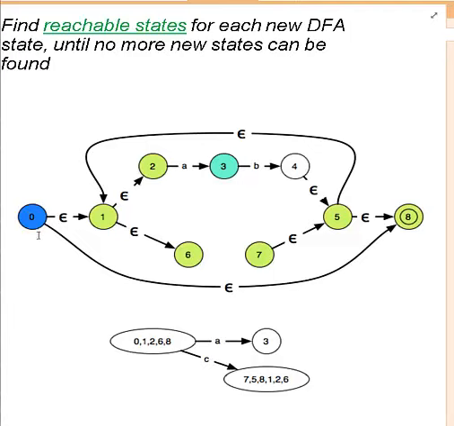But in the DFA we have to find the epsilon closure. What that means is you just see where you can go on epsilon. You can go to 1, you can go to 2, you can go to 6, and you can also go this way to 8.